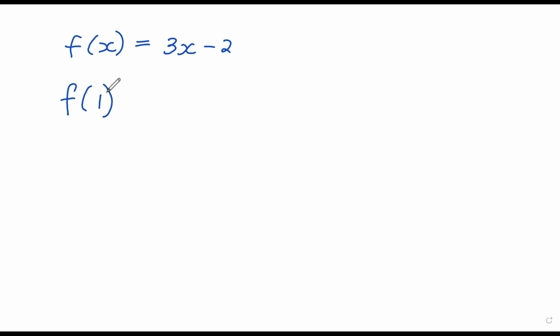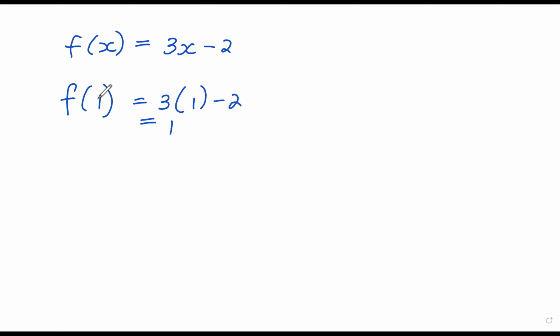That means I am finding f of 1. So f of 1, I would say 3 times 1 minus 2. So 3 times 1 is 3, minus 2 is 1. So the value of the function when x is 1 is equal to 1, or I can say that the image of 1 is 1.